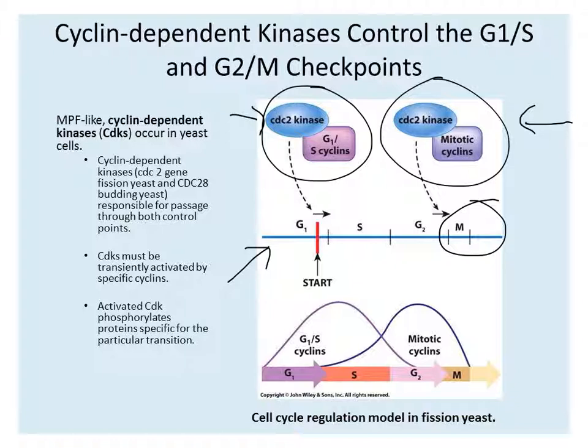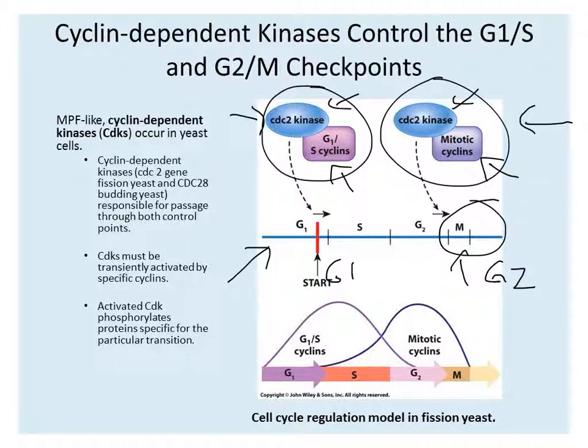So their activity is required to move the cell from G1 into S or G2 into M. In this example, in fission yeast, there's one CDK used for both checkpoints, CDC2 kinase, but different cyclins associate with CDC2 to activate the specific activity needed at the G1 checkpoint and also at the G2 checkpoint. So this is the G2 checkpoint, and this is our G1 checkpoint.